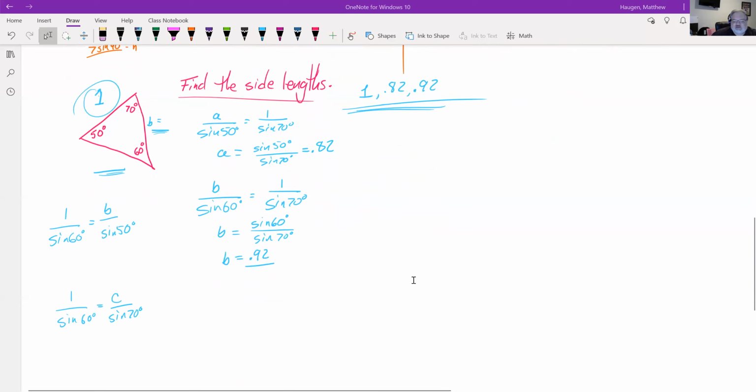That would make B that sine 50 divided by sine 60. So sine 50 divided by sine 60. That's 0.85. So that B would be 0.85.